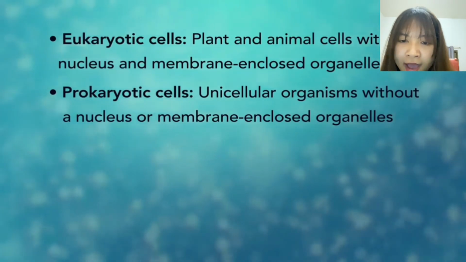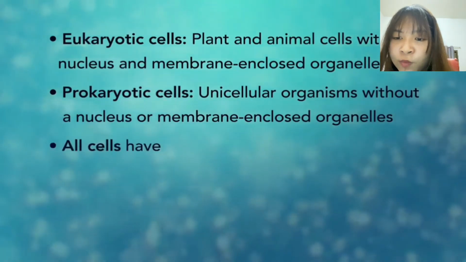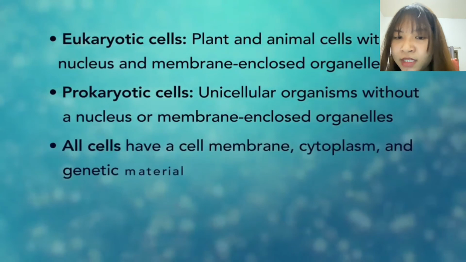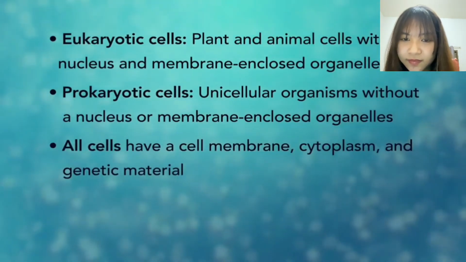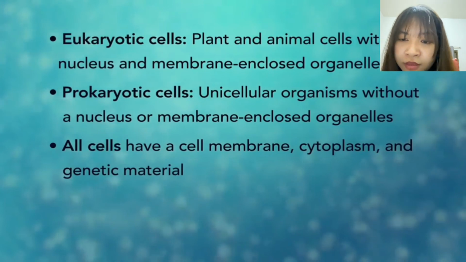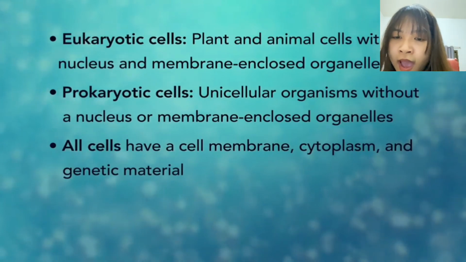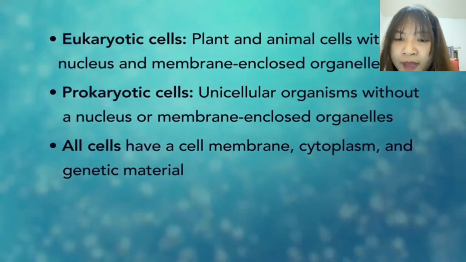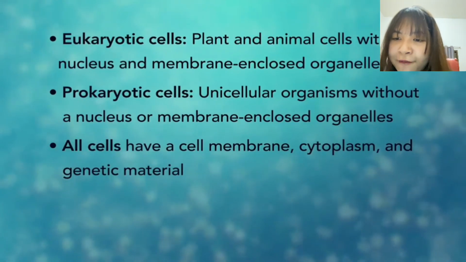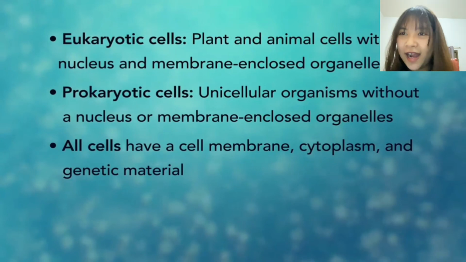All cells have a cell membrane, cytoplasm, and genetic material. And even though only plant cells have chloroplasts, both plant and animal cells have mitochondria.